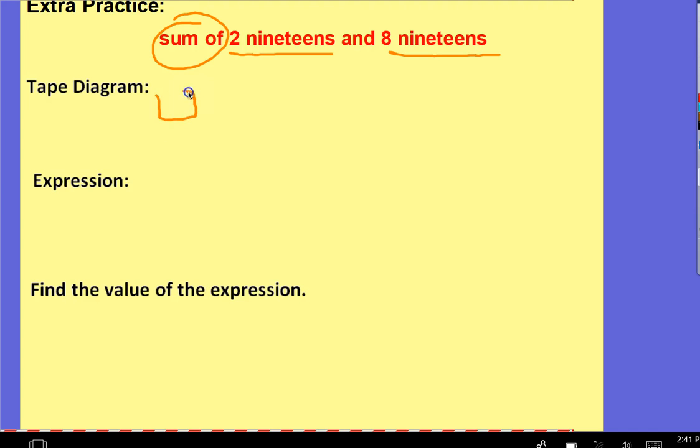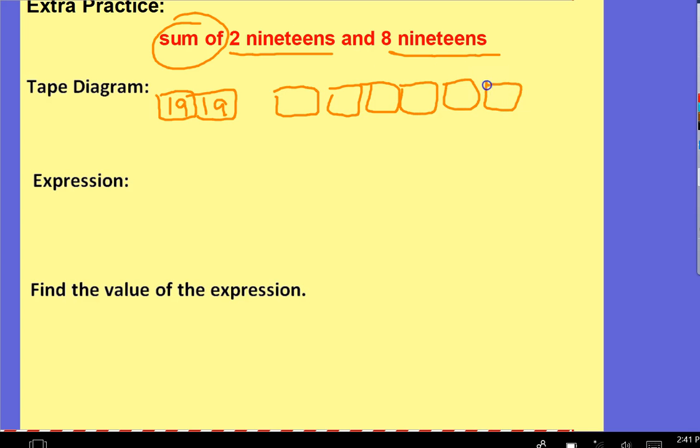Here I have 2 19s, and then I have 8 19s. Okay, so that shows my representation, and I want to find the sum, which means I want to find out how many I have in all.